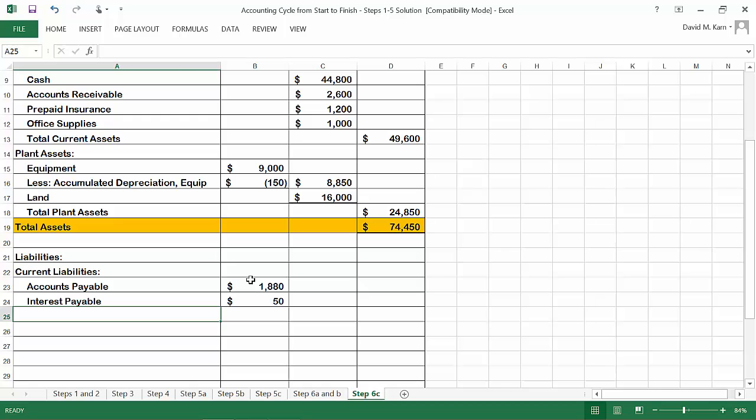And then we have unearned revenue in the amount of $1,400. So we have to then add these three things up. Those will be considered our total current liabilities, and that comes out to be $3,330. Let's total this up here.